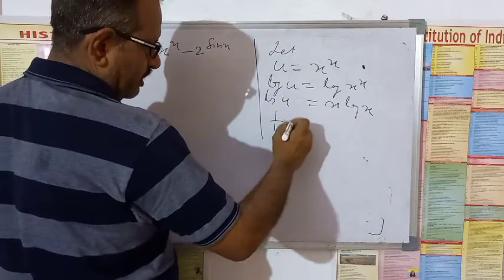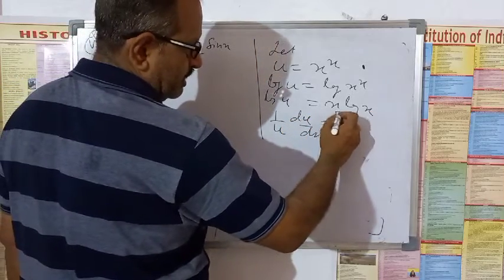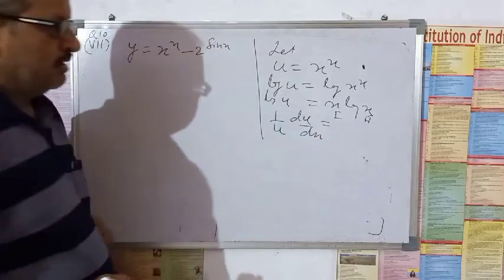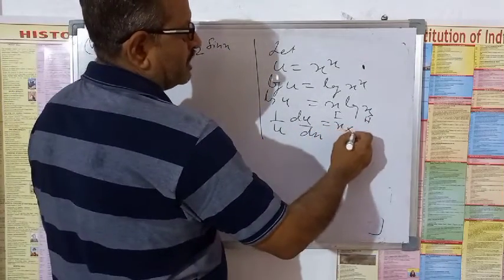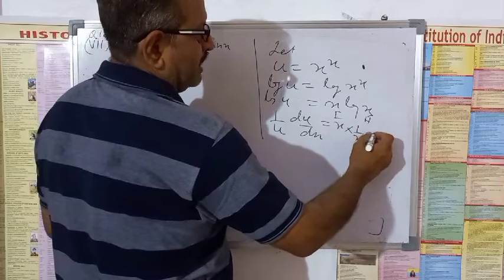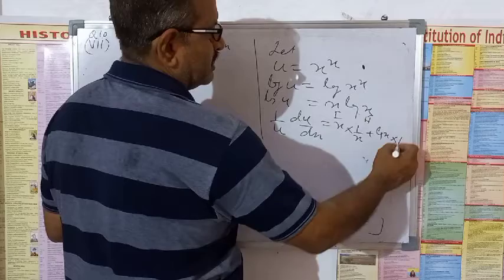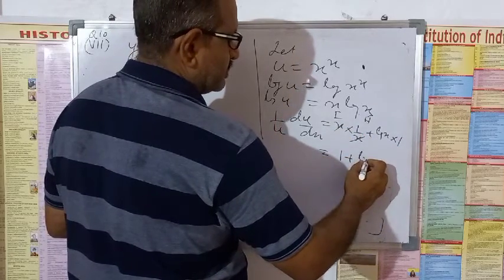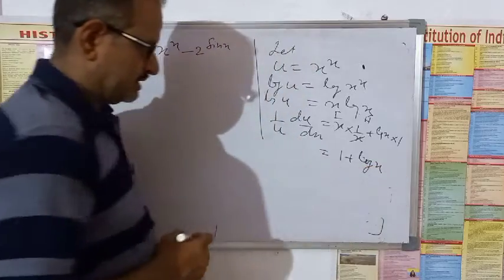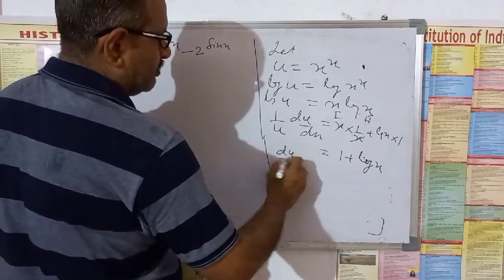Differentiate it: 1 by u du by dx. Use the product rule here. First function, second function. So first function times derivative of log x, which is 1 by x, plus second function log x times derivative of x, which is 1. X cancel. So it will be 1 plus log x. What will be du by dx?